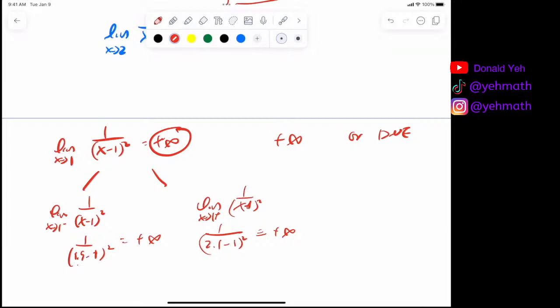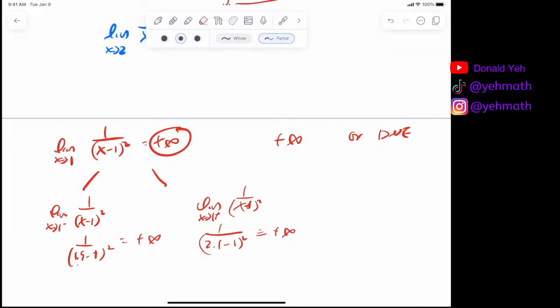Just even this textbook alone, chapter 1.2 says this is a limit that does not exist. Chapter 1.3 says this is going to positive infinity. So what I'm trying to say is, from what my teacher, Dr. Phillips, taught me, she was one of the best in the nation.